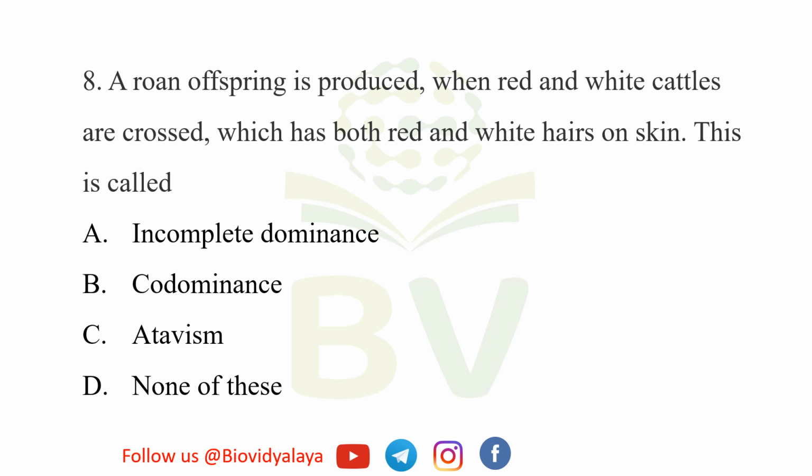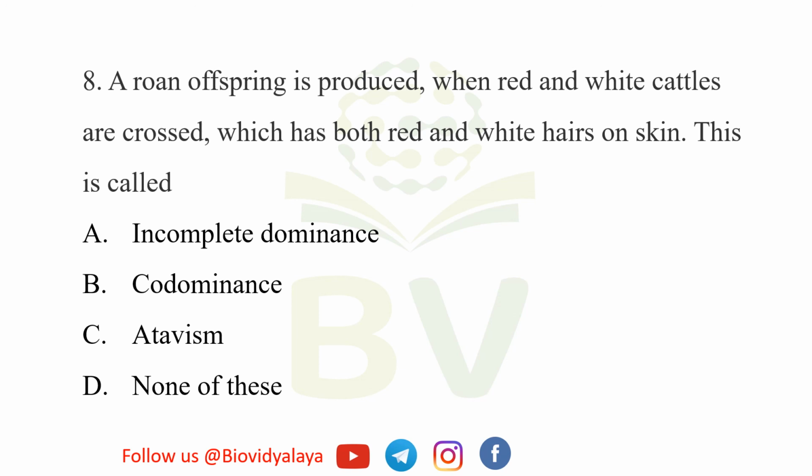Next question. A roan offspring is produced when red and white cattle are crossed, which has both red and white hairs on skin. This is called option A, incomplete dominance, option B, codominance, option C, atavism, option D, none of this.